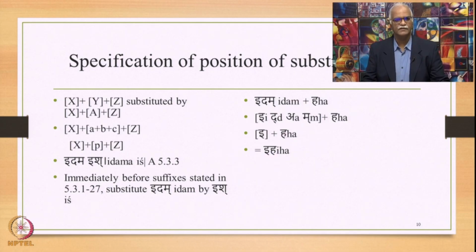In the environment which is left hand side environment X and the right hand side environment Z, substitute Y by A. So what it means is X plus Y plus Z is substituted by X plus A plus Z, if this is the format of the sutra, and if Y is equal to A plus B plus C, this can be rewritten as X plus A plus B plus C plus Z, then this A can be rewritten as just P, following the explanation we saw just now.